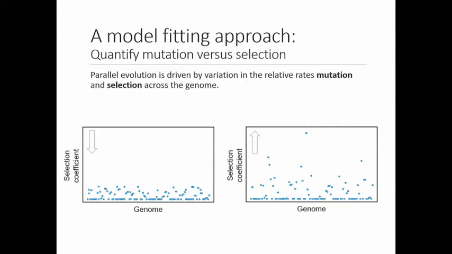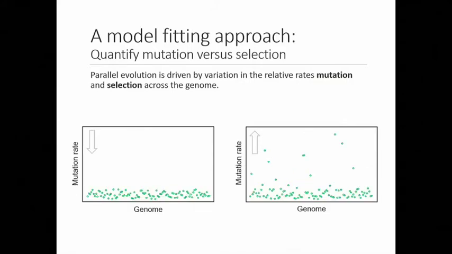Whereas in this example here, we don't have a standout, really highly beneficial potential mutation location. So we might see some of the replicate populations have a mutation here, and some have the mutation right here. It's not really as clear what the best outcome might be. So again, it's this variation in the selective advantage across those different locations in the genome that's important.